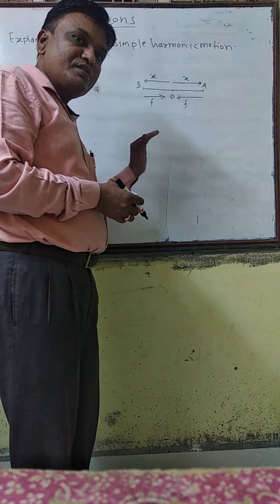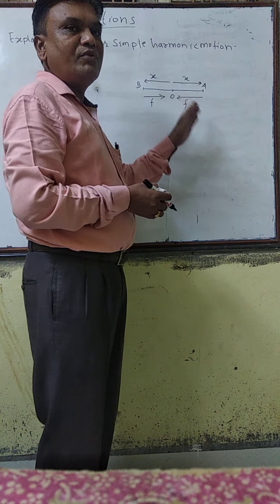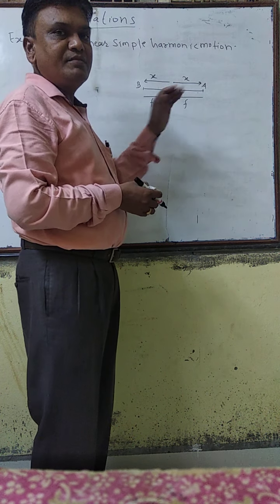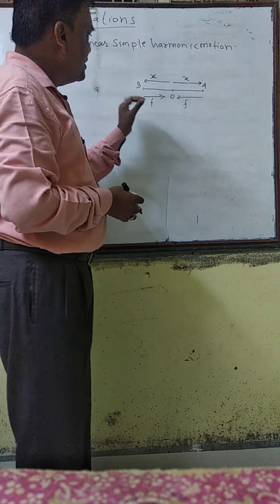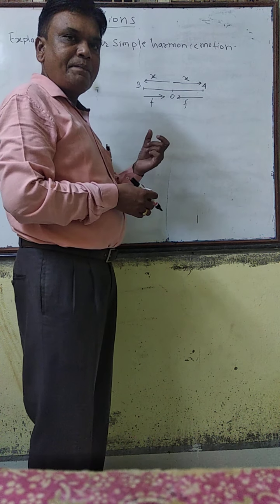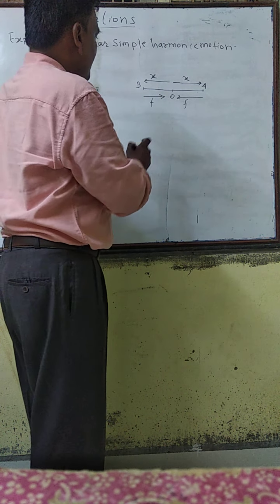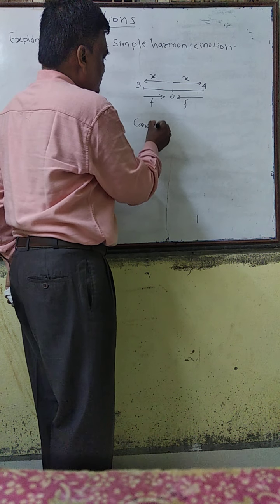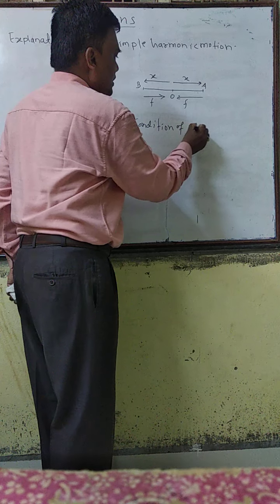This oscillatory motion we can call linear simple harmonic motion. Why is it called linear simple harmonic motion? Because this motion satisfies the conditions of SHM. Now we see the conditions of SHM.